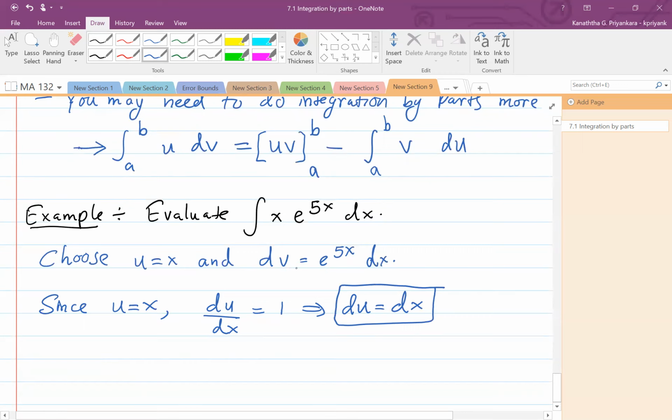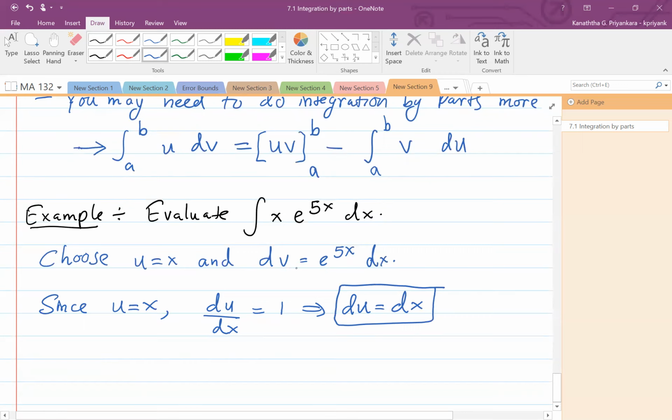Since we don't know the integral of ln x, we will use integration by parts. So now we have to think about how to choose u and dv.